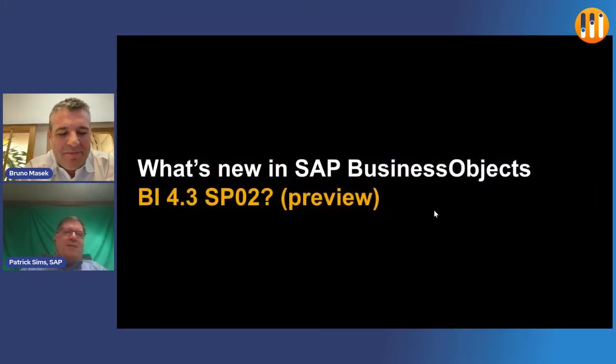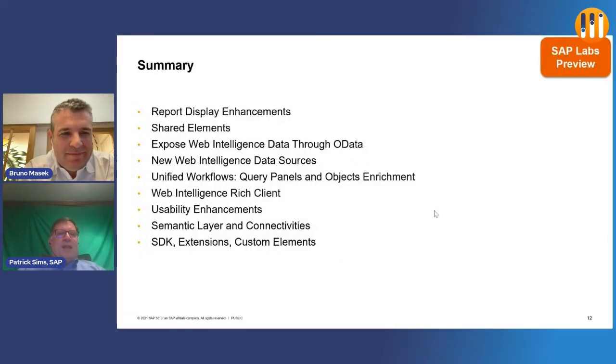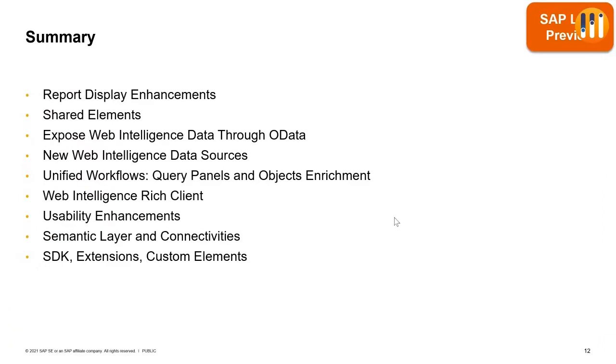Okay, so let's get down and dirty into what is new. Here's the summary level of the things that we'll be talking about and showing you as we go through the next hour or so. Report display enhancements were big, right? You already saw in the list before, freezing of headers, for instance, and some various other things. Shared elements, we'll talk about those. Exposing Webby data through OData web services.